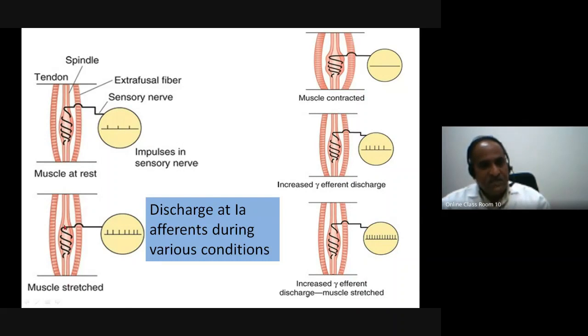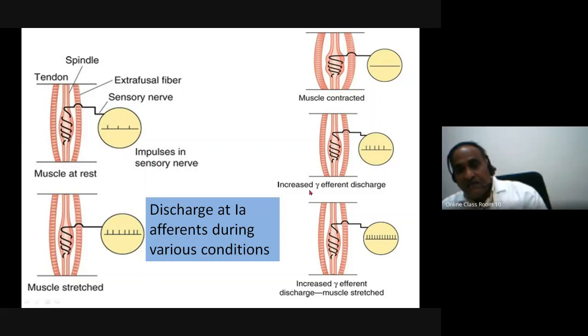Now, when this muscle is stretched, what happens? This activity increases. You just see that increased activity. Now, when the muscle fully contracts, what happens? This muscle spindle is not stretched. It will be silent. There is no discharge.